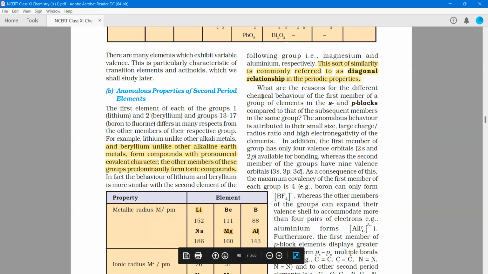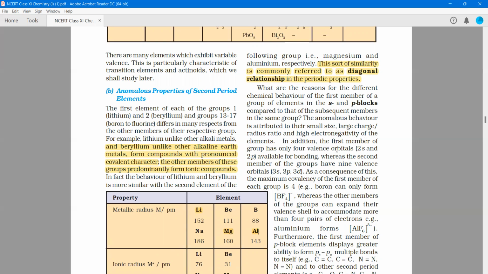What is the reason for the different chemical behavior of the first member of the group of elements in the s and p blocks compared to that of the subsequent members in the same group? This anomalous behavior is attributed to the small size, large charge to radius ratio, and high electronegativity of the elements.